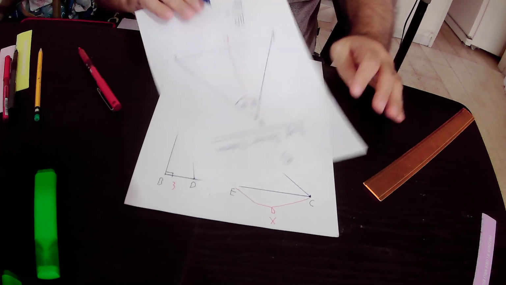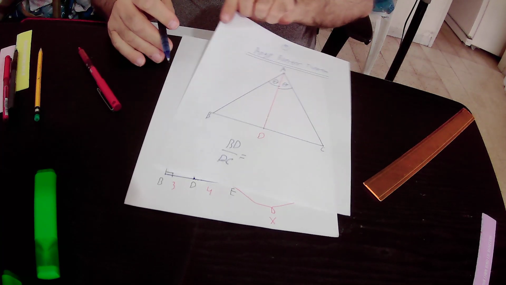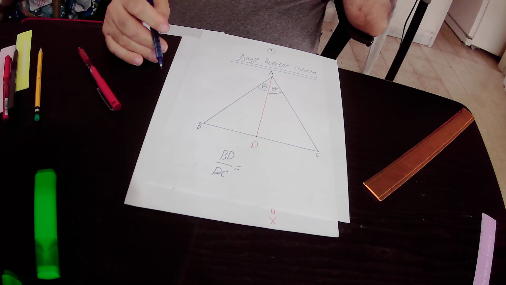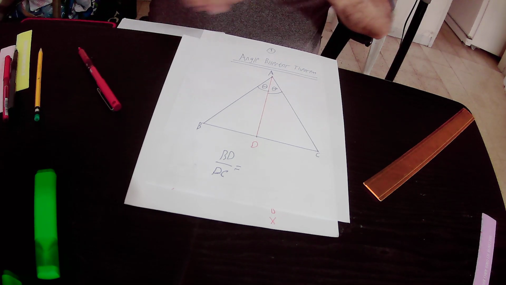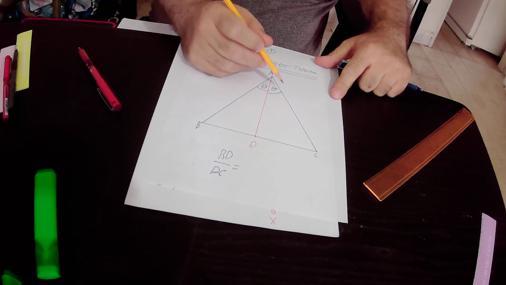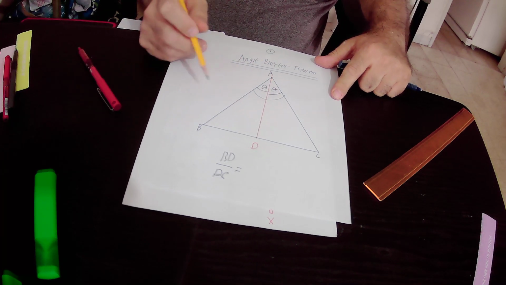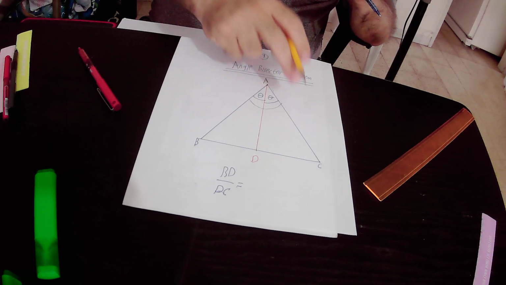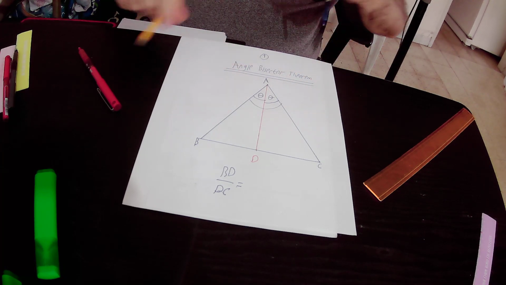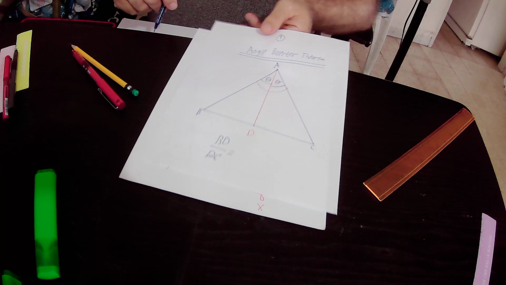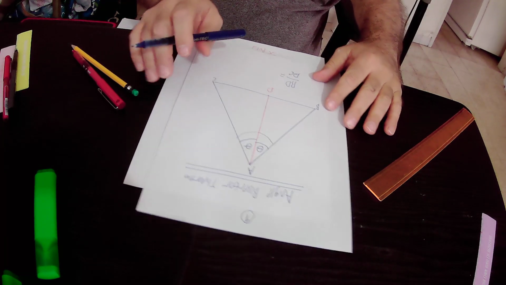And that ratio equals the ratio between the angle legs. The legs of angle BAC are AB and AC, and the ratio between the legs is AB over AC.